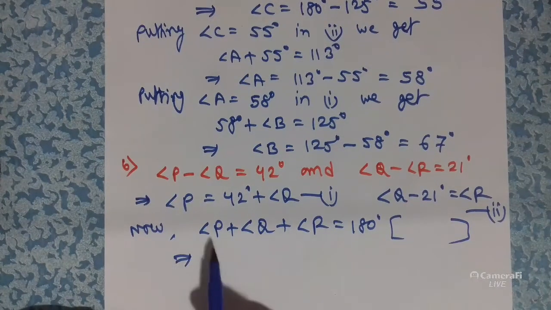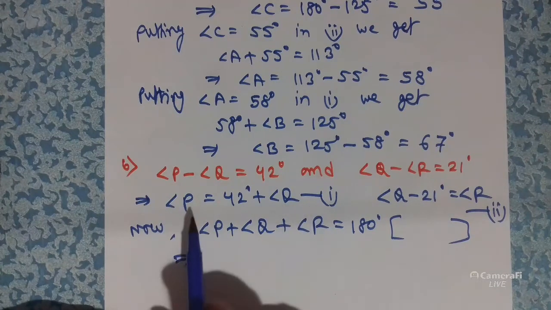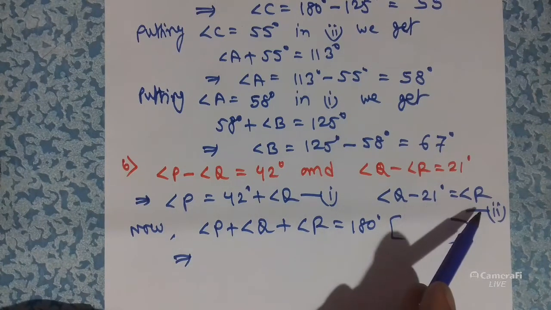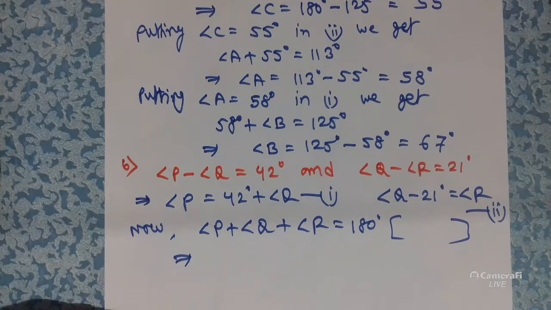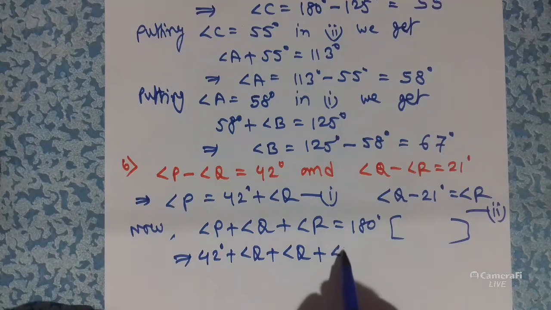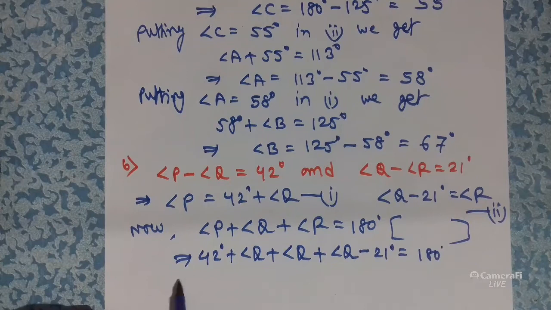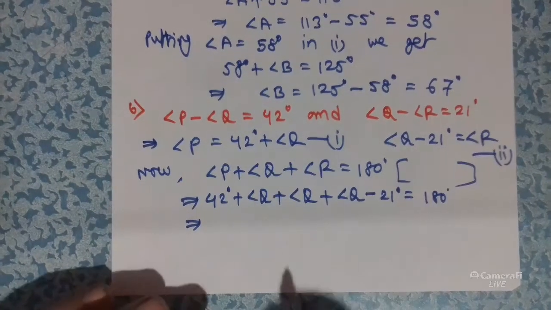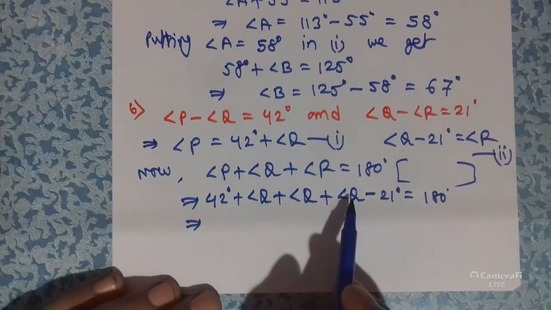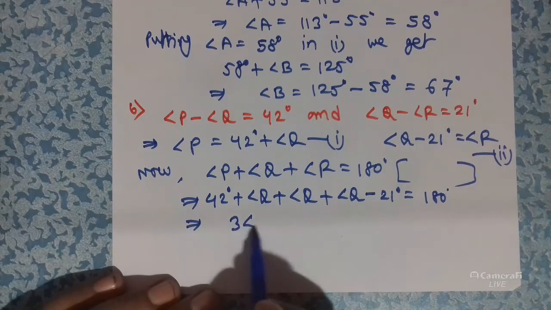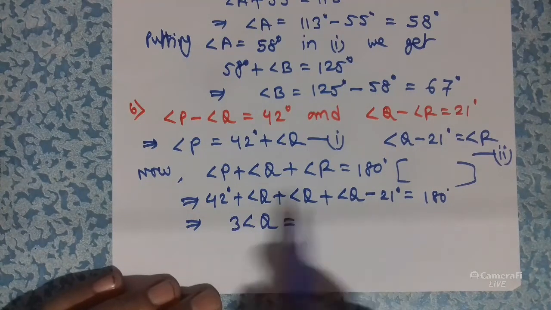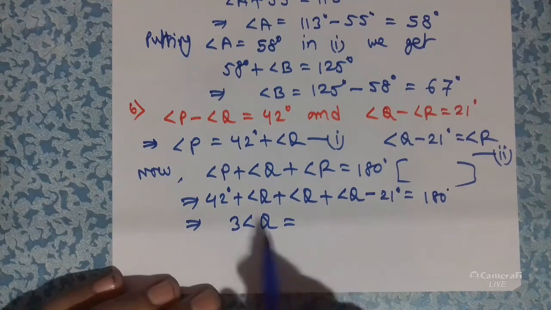So this implies we have to put the value of angle P and angle R. So angle P is 42 degrees plus angle Q, and the value of R is angle Q minus 21 degrees, is equal to 180. Now angle Q, angle Q, angle Q. If we add these three, it will be 3 of angle Q, and here 42 minus 21 is plus 21.